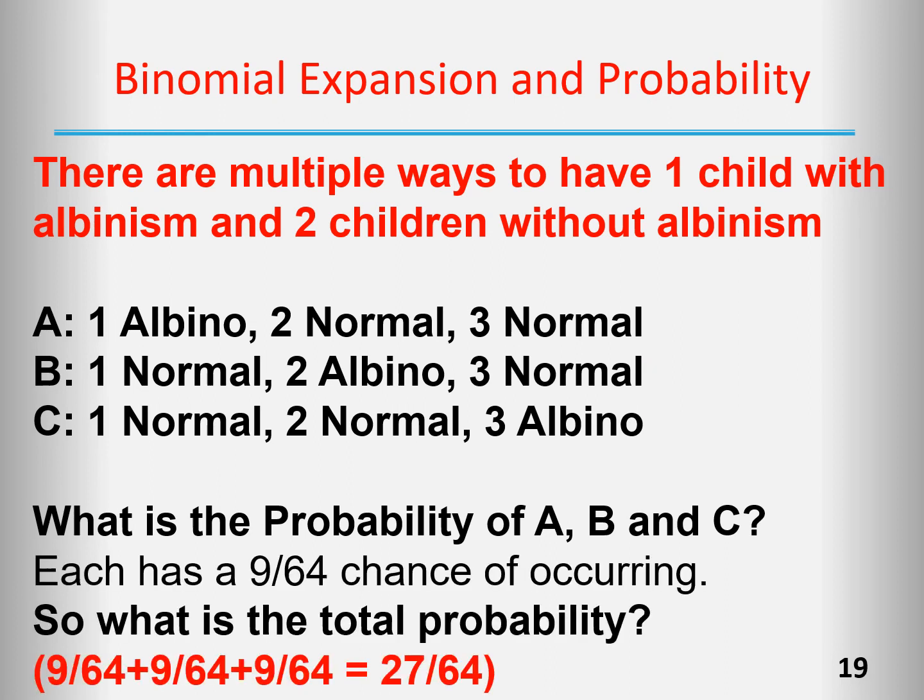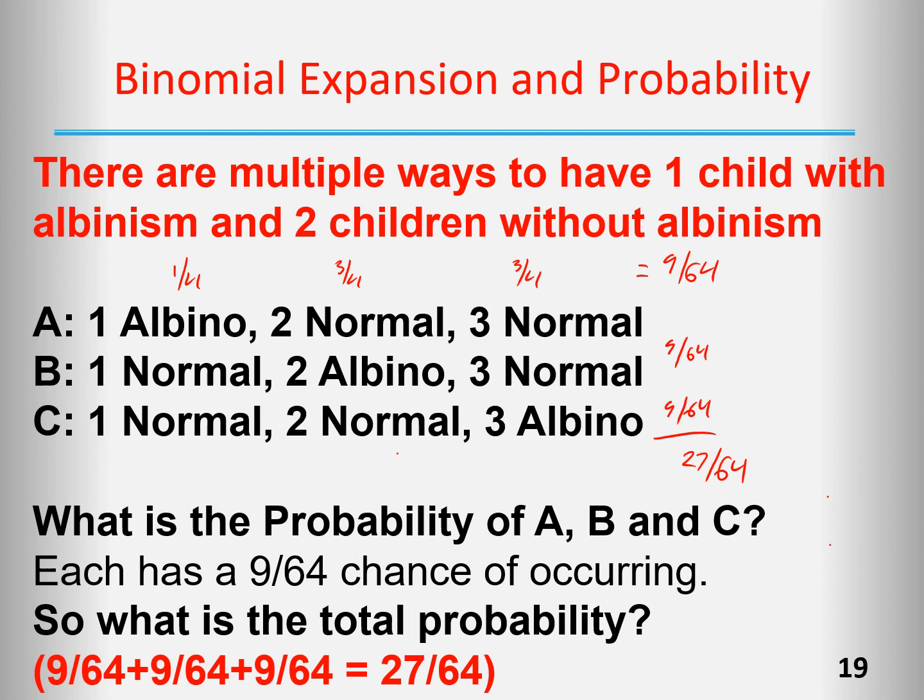So for this mechanism, we said this was 1/4, 3/4, and 3/4. That's 9/64. But it's actually much more likely than that because there are other ways to do it. And so you have to add the three 9/64s together to get an actual probability of 27/64, which is almost a half.